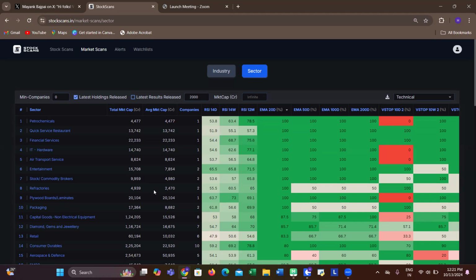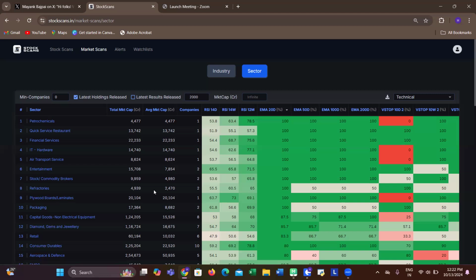Now, what I do every weekend is sit down, and that's very boring for others in my home, but it's my passion. So I just sit and do the analysis of the market scan to see where the movement is. The screen that you see right now is filtered based on the sector, and it says market scan.